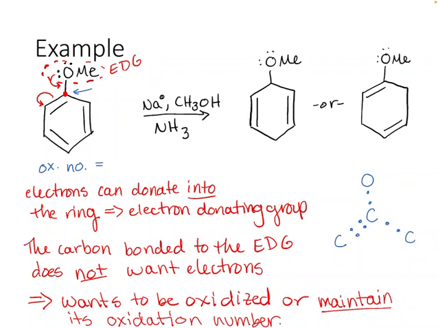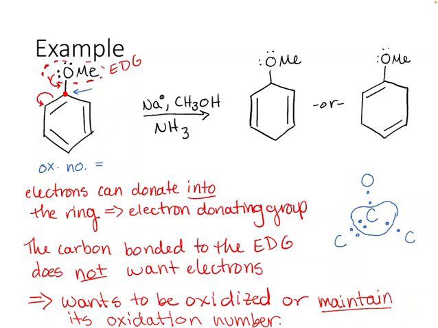So that carbon is sharing its electrons with the other carbons, but would it have any ownership over the shared electrons to oxygen? No, right? Because oxygen is more electronegative, so oxygen would have full ownership of those electrons, at least when we're calculating oxidation numbers.